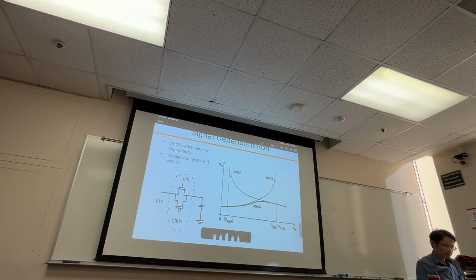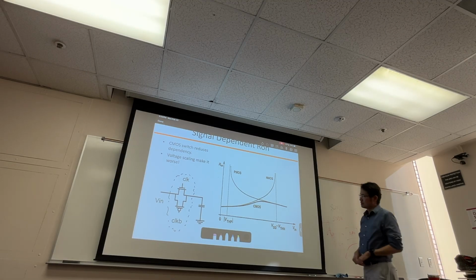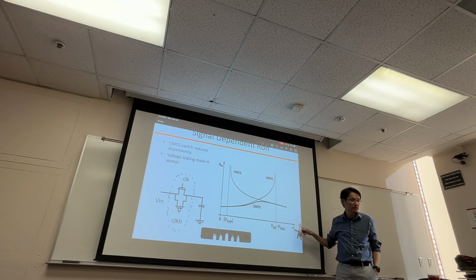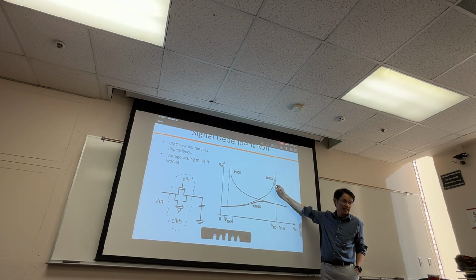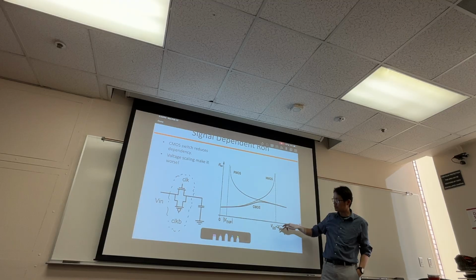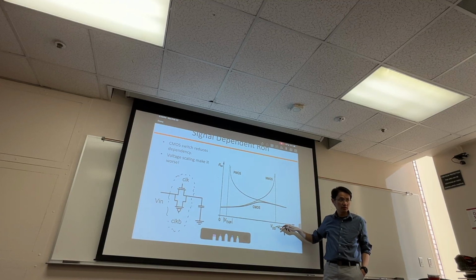So it's never floating. So you see, this is R on versus V in. If you look at an NMOS only, we just talked about it, your R on will increase as your V in increases.